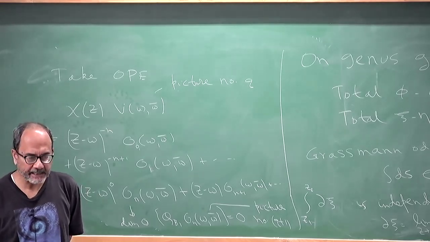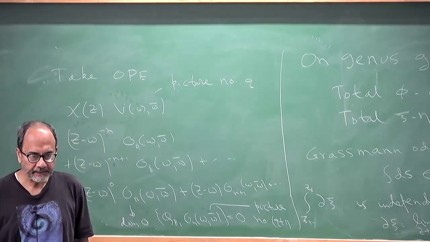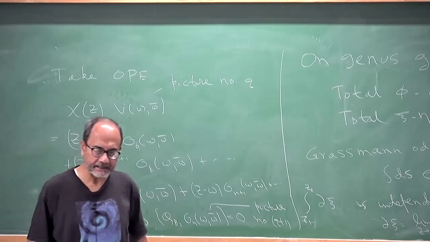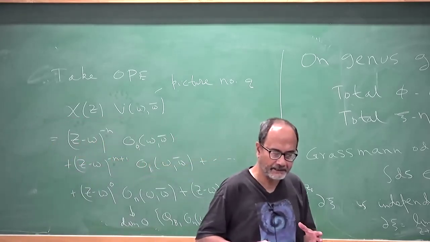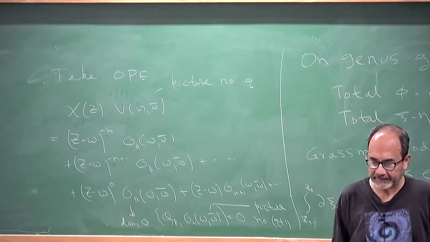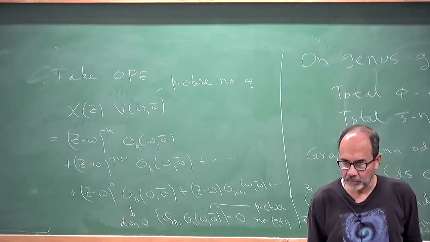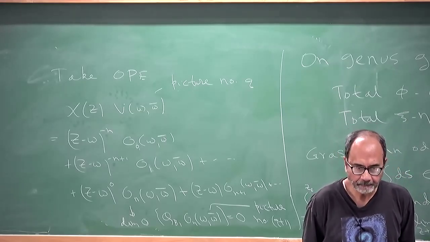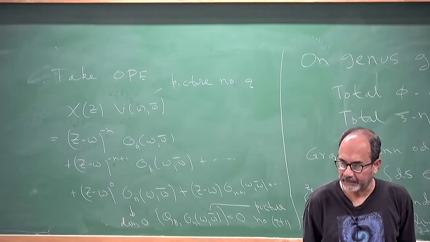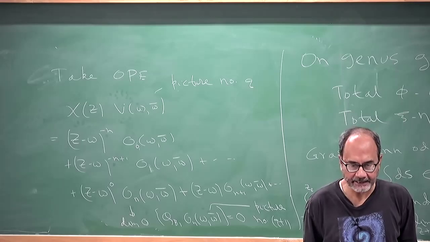I think once I explain how the correlation functions are calculated, it may become clear. But the claim is that you can choose any picture number and pick a representative in that picture number. It doesn't matter what picture number you choose, but you have to fix it once and for all. And then the correlation functions that you calculate in one picture number will be the same as in any other picture number.